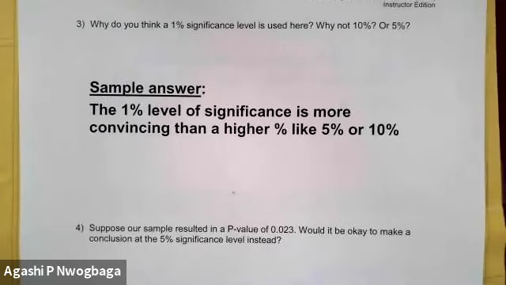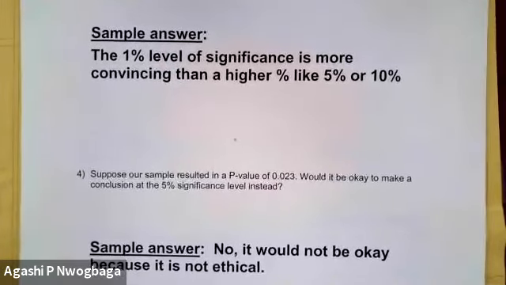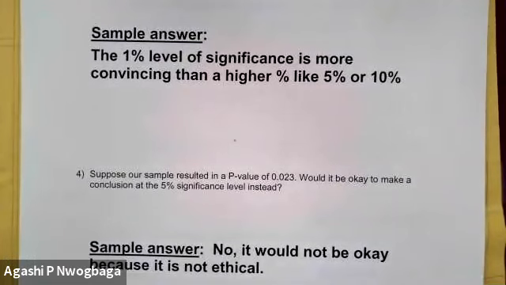Would it be okay to make a conclusion at the 5% significance level instead? The answer is definitely no. No, it will not be okay because it is not ethical. We started with 1%, we did it with 1%, so we conclude with 1%. We do not change it to the 5% level.